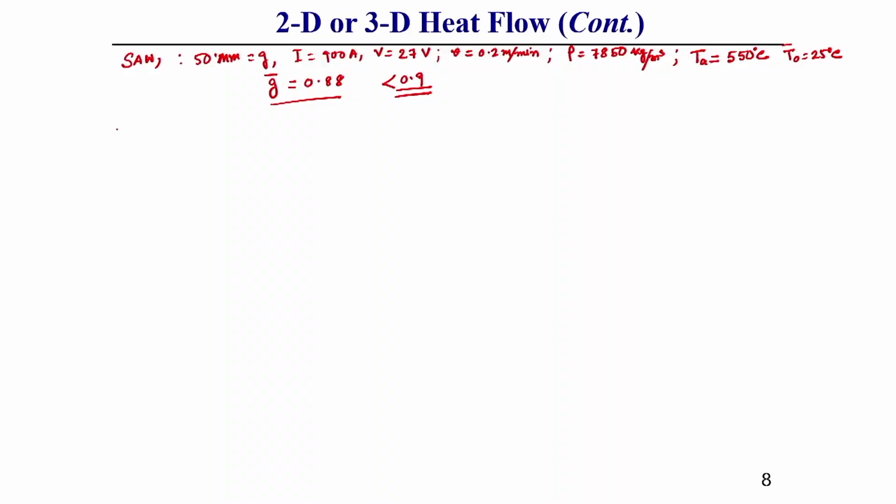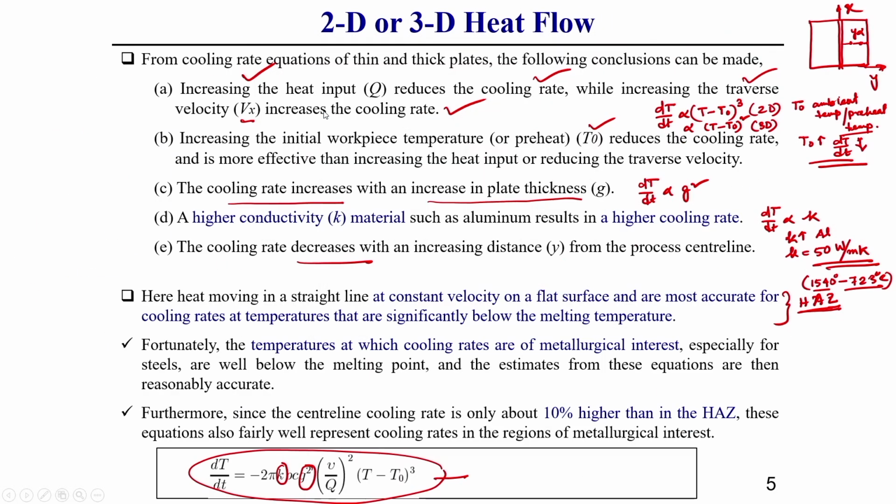Whereas, in case of a MAG welding process, I have already shown you, there the parameters also I have shown, for G equal to 20 millimeter thick plate, current of 150 ampere, voltage of 20 volt.